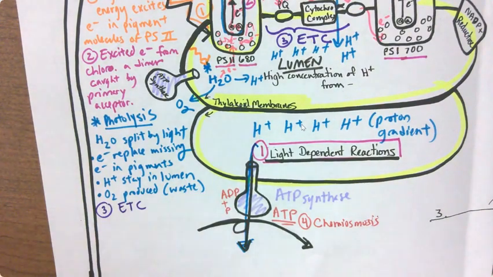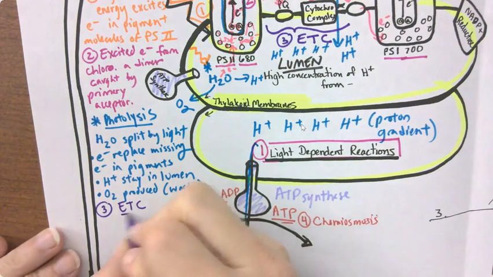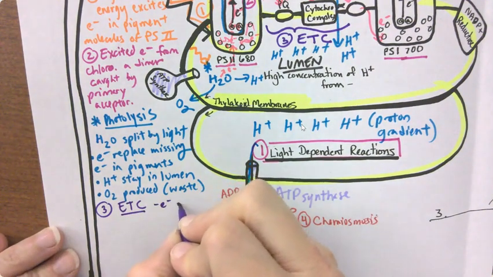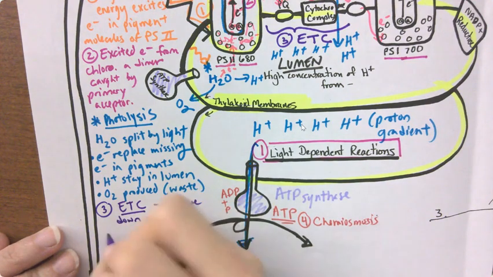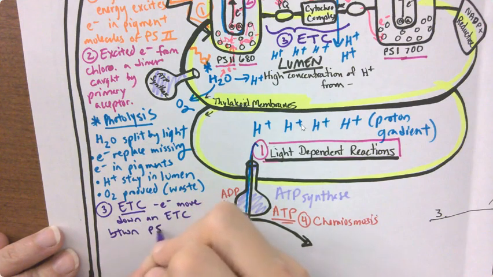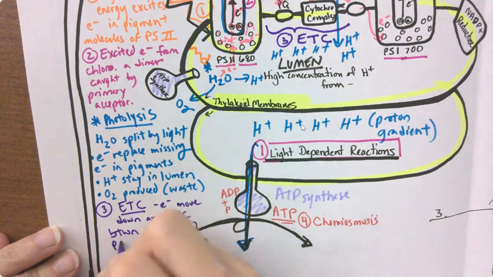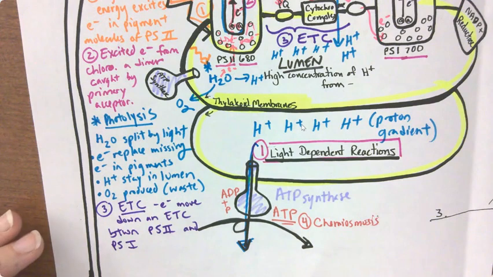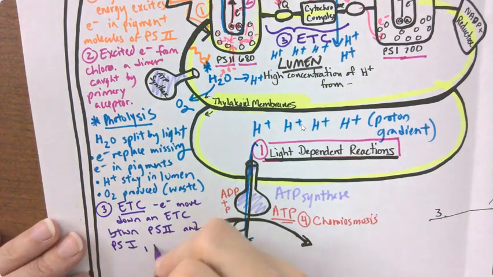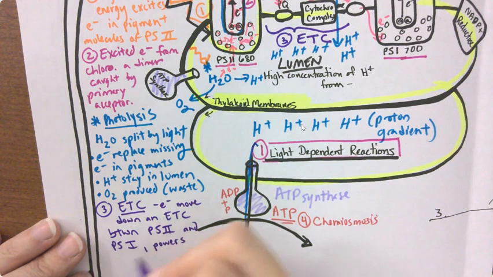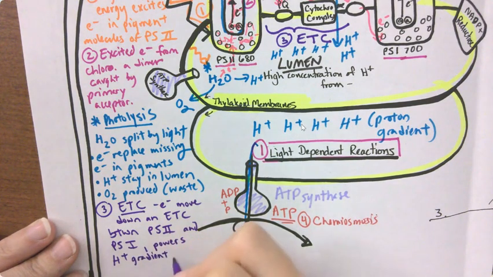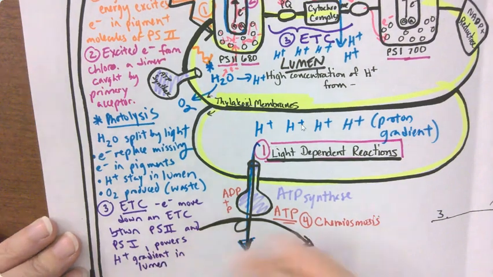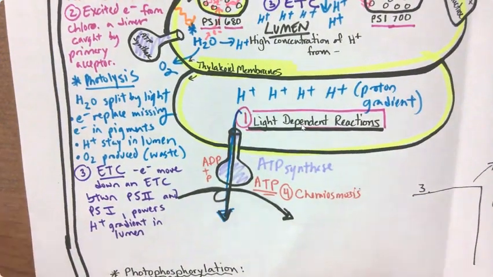In the electron transport chain, electrons move down an electron transport chain between photosystem 2 and photosystem 1, which powers an H+ gradient, powers the pumping of protons into the lumen of the thylakoid.